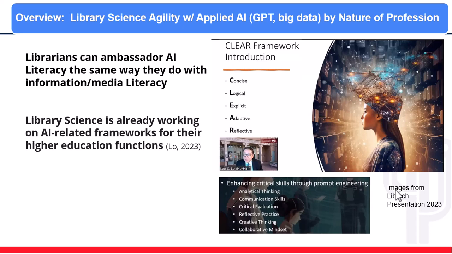The best I can talk to you about is there was a LibTech presentation put on specifically for librarians, and it included some of the ideas already being nested and grown in library science related to GPT usage. Two main takeaways were that librarians can be ambassadors for AI literacy the same way they do with information and media literacy.